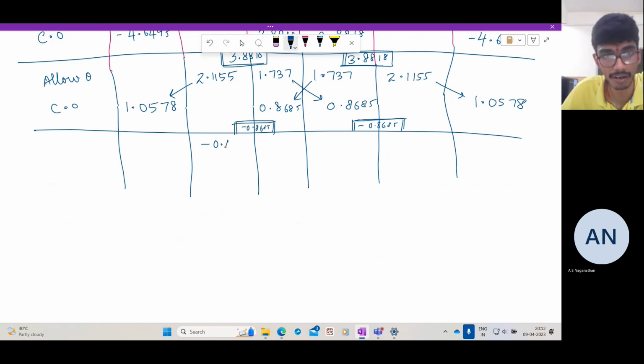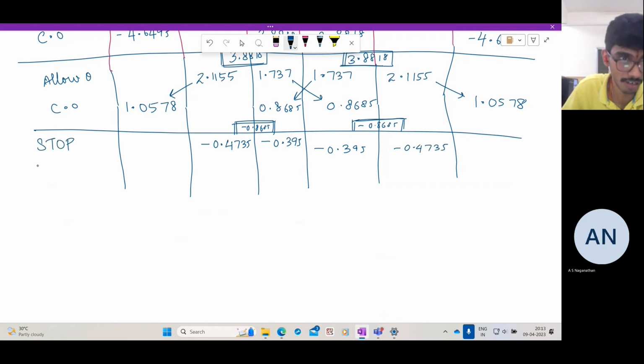Here you get minus 0.4735 and minus 0.395. Also it is minus 0.395, minus 0.37. And here you stop. Do not carry over.